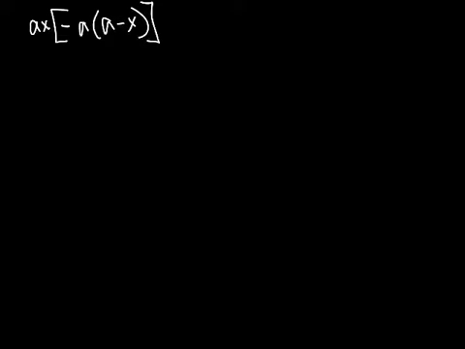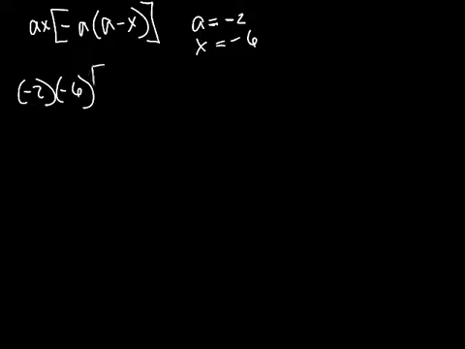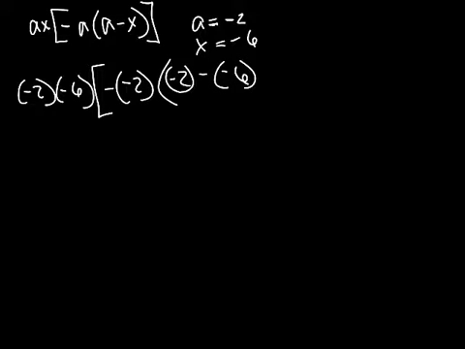Alright, a is negative 2, and x is negative 6. So a is negative 2, x is negative 6. Negative, a is negative 2, times a is negative 2, minus x is negative 6.